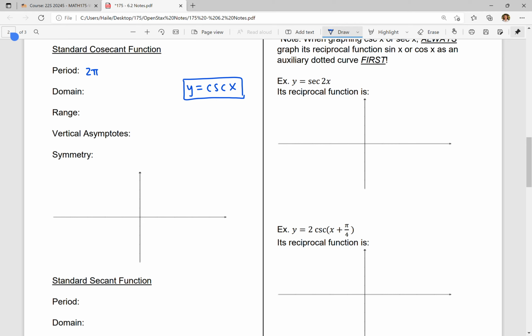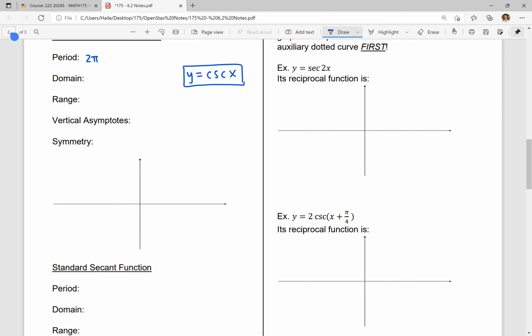So these are going to have much the same information as sine and cosine. We'll talk about the domain after we draw the picture, and the range for that matter. Okay, we can do the symmetry really quick though. So we know that cosecant is an odd function, and the way you can remember this is because it's like sine of x.